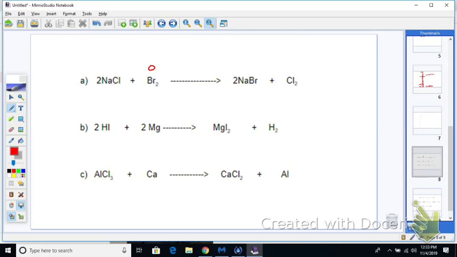Any element on those first 3, if you see them by themselves, you write a 0. And anything that has a charge, write the charge right above it. So every element on that chart, I'm going to have you write a plus or minus charge above it. Go ahead and write the charges down for A, B, and C.